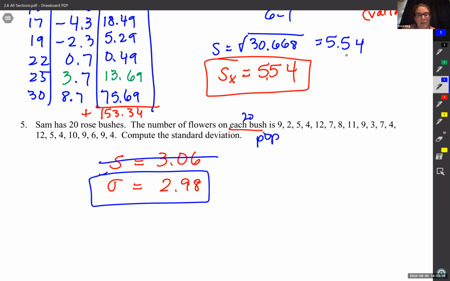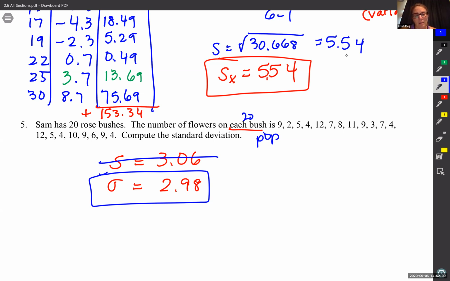So there will be some problems on the homework, and you're gonna be super excited and you're gonna just put S because that's the first one you see on your calculator. You're gonna get it wrong. And that's where you ask, wait a second, was this a sample or was this a population? So that's the only difference between S and sigma, sample versus population. And you can see how important it is because it gives you a totally different answer.